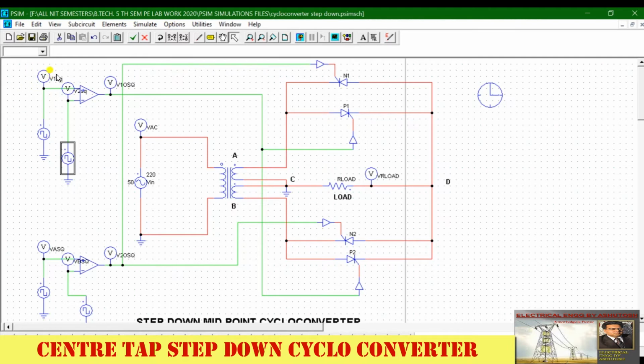This will read the voltage of square wave 1, this will read the voltage of square wave 2, and finally the output at the comparator is V.